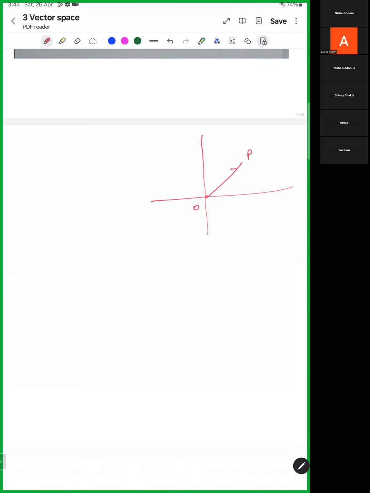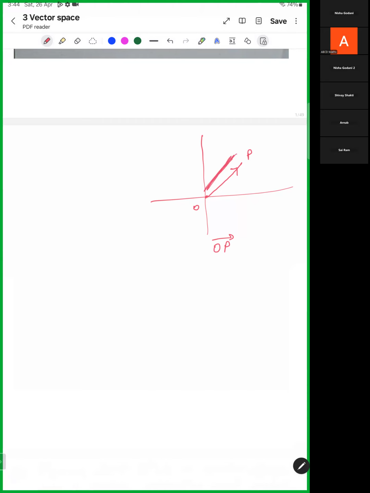If I put a direction here, this means O to P. There is a direction from O to P, and magnitude is also associated with this, because of the length of this vector.